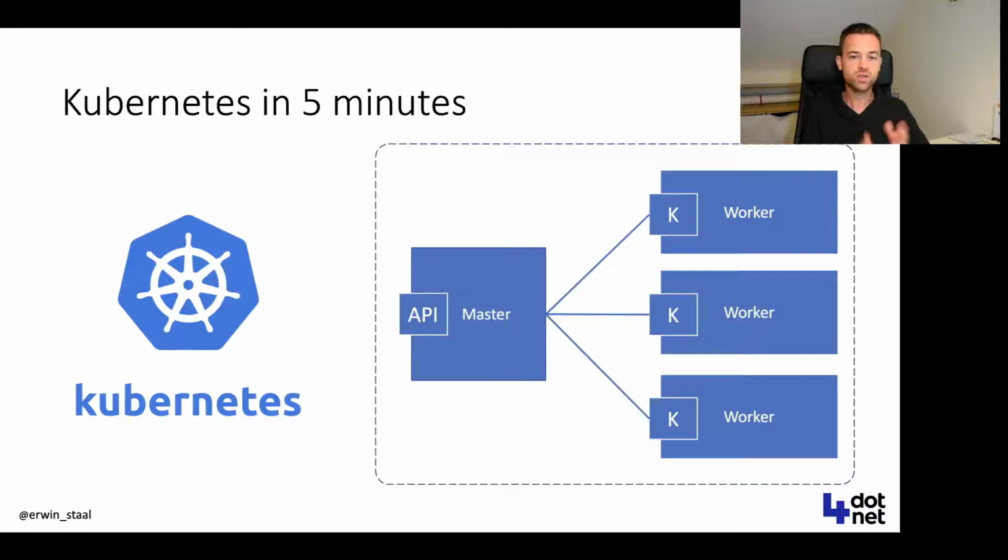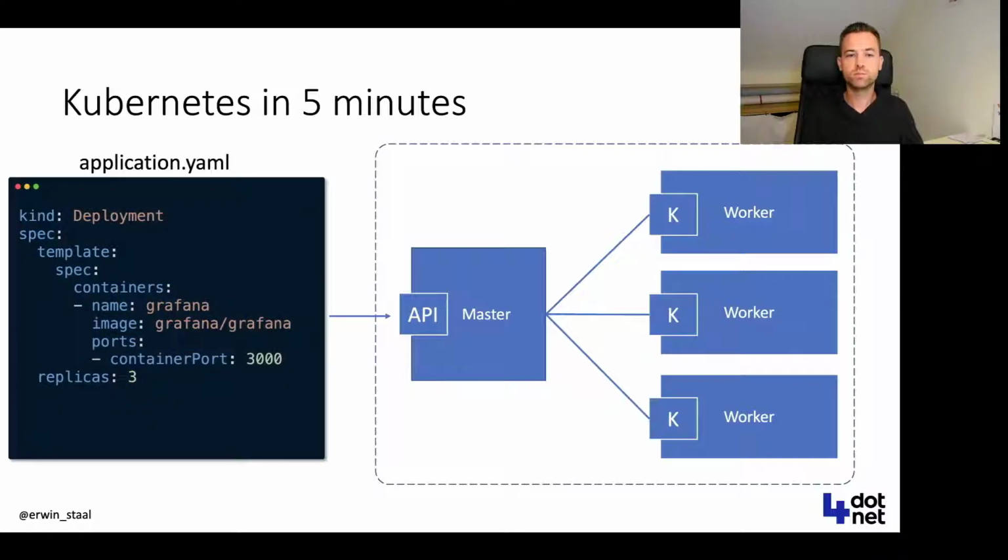The master is responsible for making sure that whatever you tell it to run in the cluster actually runs in the cluster, and it will continuously monitor if that's the case. And the workers, on the other hand, are the machines, the VMs for example, that do the actual work. That's where your workload actually runs.